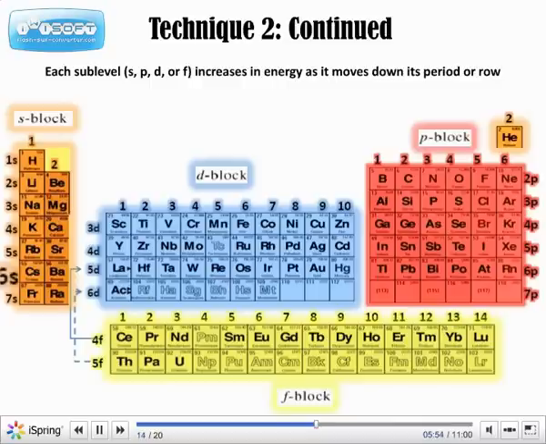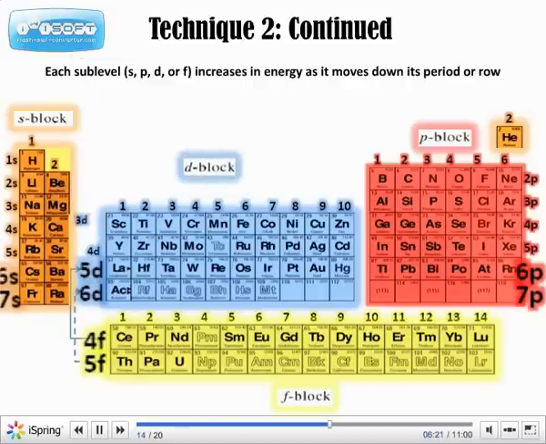Also, once you reach level 6S, the sequence will be 6S2, then 4F14, then 5D10, followed by 6P6. Likewise, once you reach level 7S, the sequence will be 7S2, then 5F14, then 6D10, followed by 7P6.